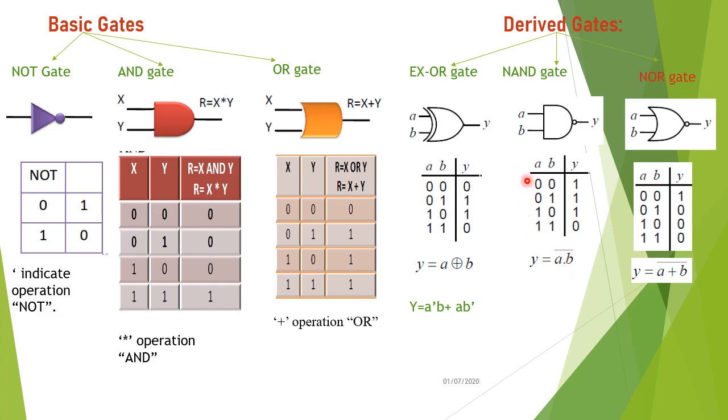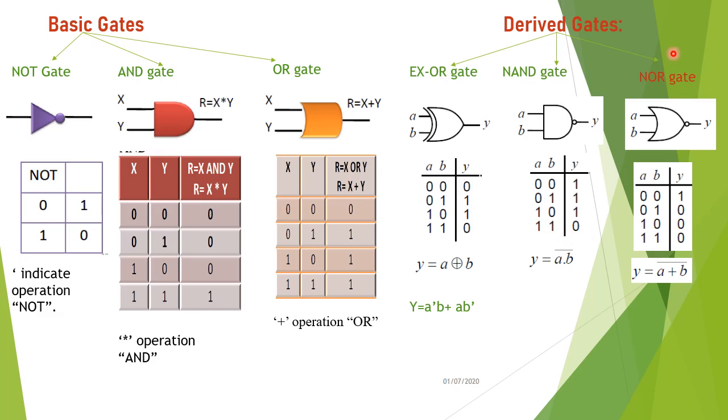Now we will move towards the truth table of this NAND gate. In this NAND gate, if both the inputs or any one of the inputs is 0, then the NANDing result will be 1. But if both the inputs are 1, the NANDing result will be 0.